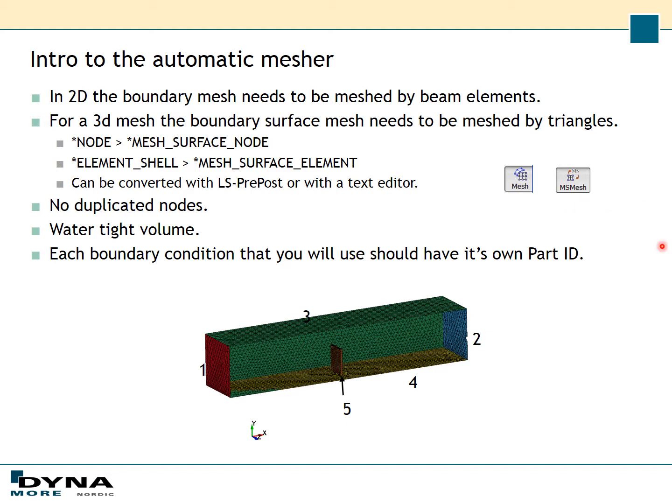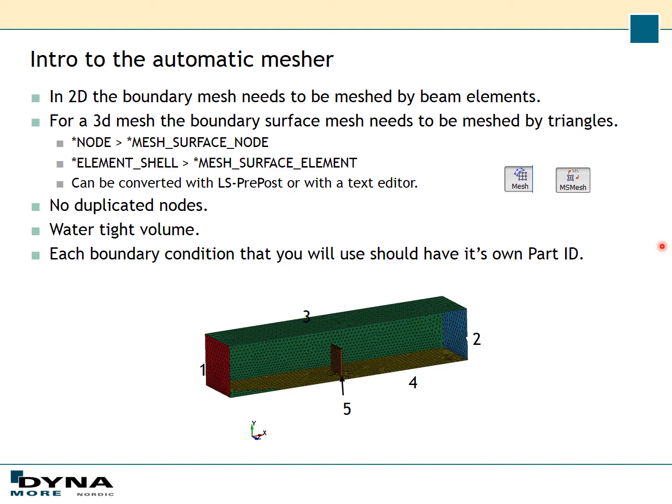In order for the automatic mesher to work, you cannot have duplicated nodes, since the solver does not allow two nodes in the same location. And you have to have a watertight volume, which means that you can't have small gaps in the model between two surfaces.